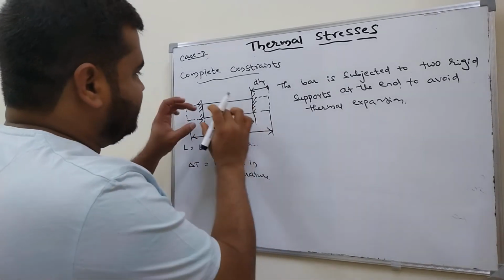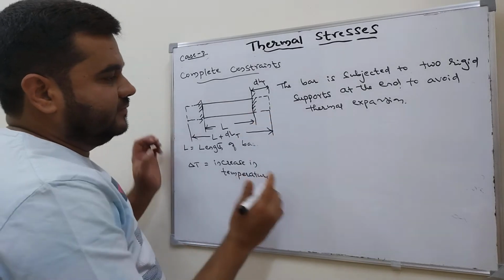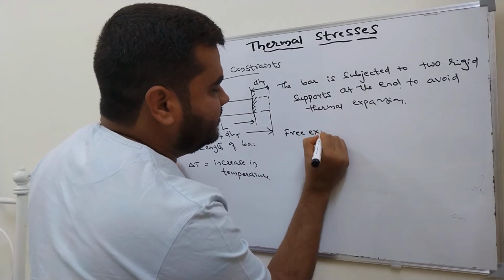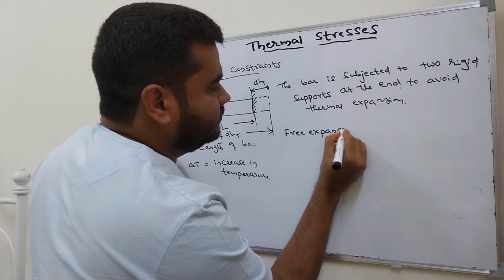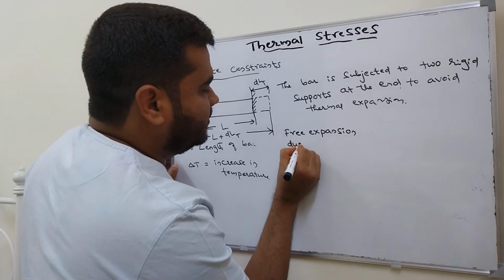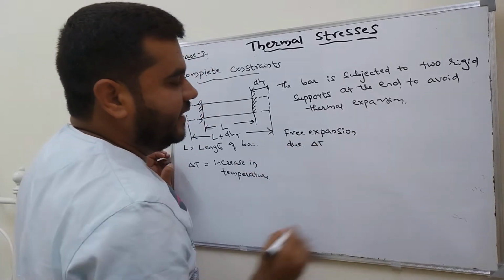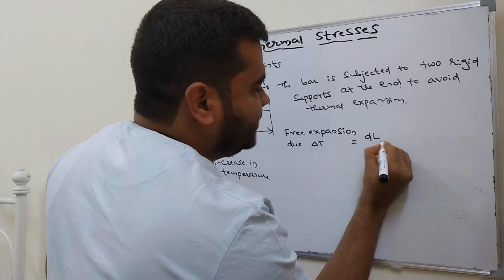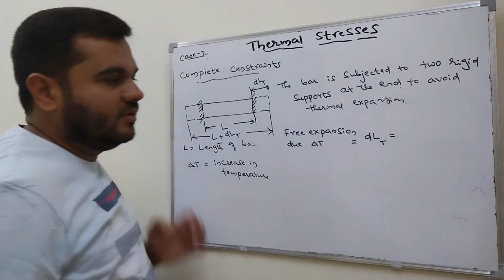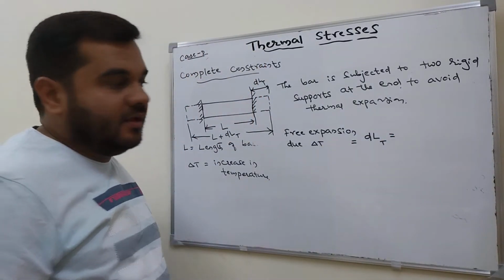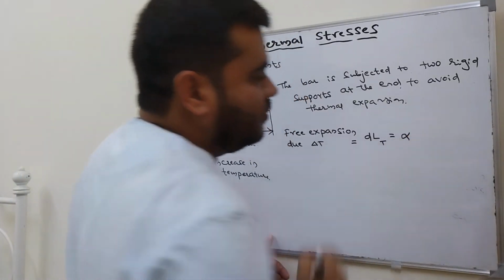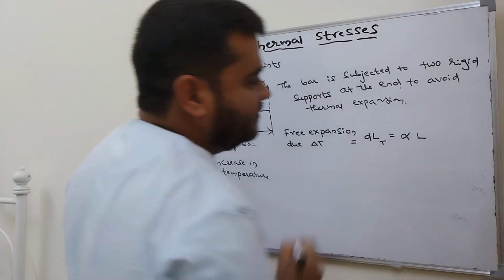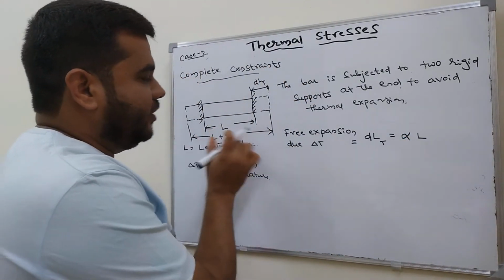Now first we will write the free expansion. How much free expansion due to change in temperature, delta T? What is the formula? It is alpha, the coefficient of thermal expansion, into L, the length of the bar, into the change in temperature.